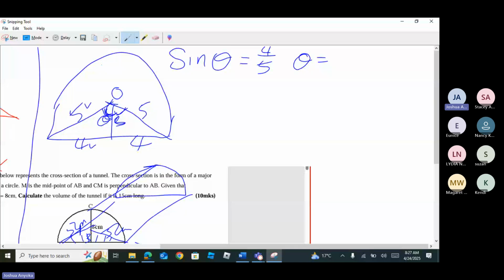Fellow Kenyans, give me the value of theta. Theta inverse.